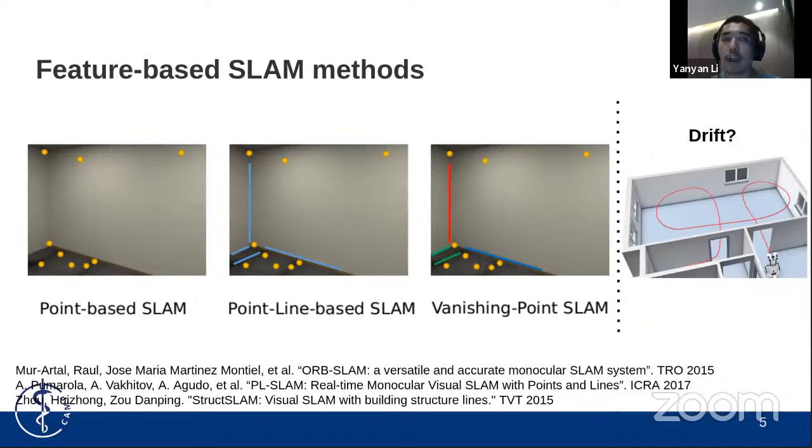A little bit of drift may bring a big effect in other applications. So for SLAM systems, we always want to achieve a highly accurate pose estimation method.